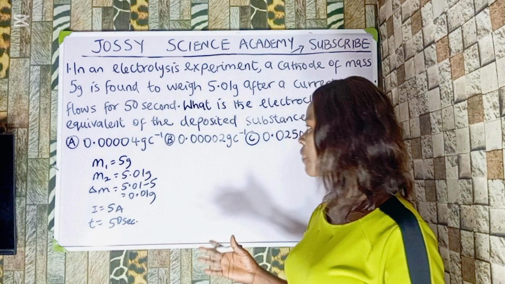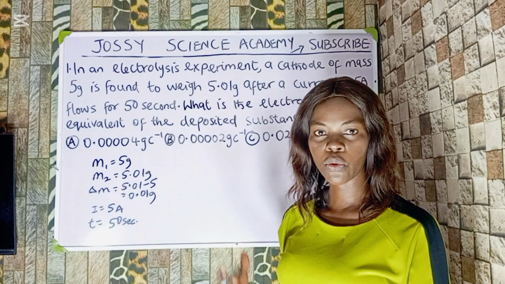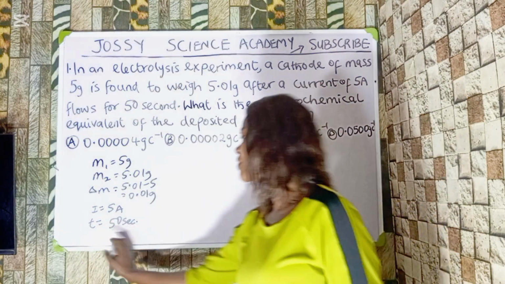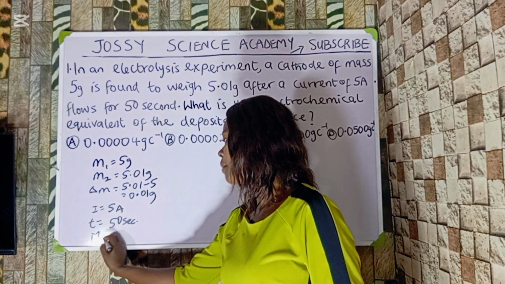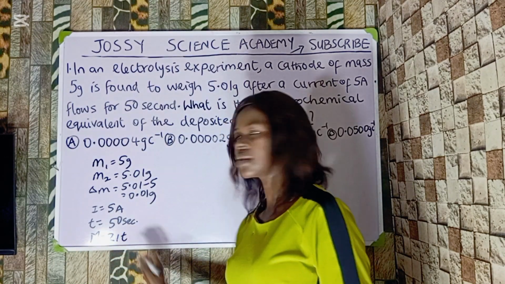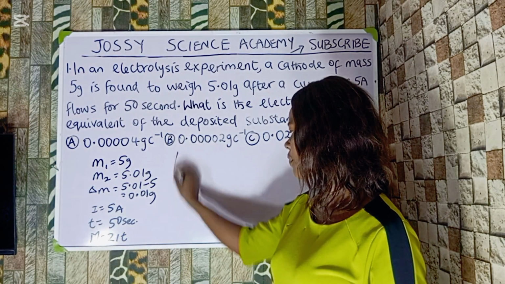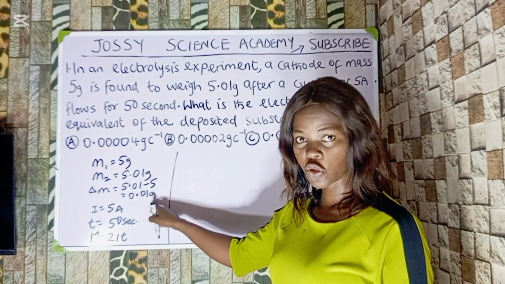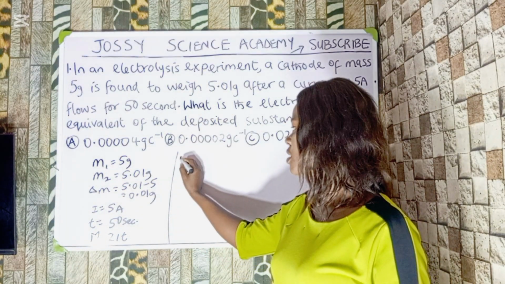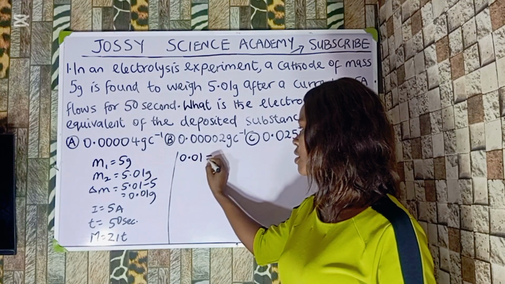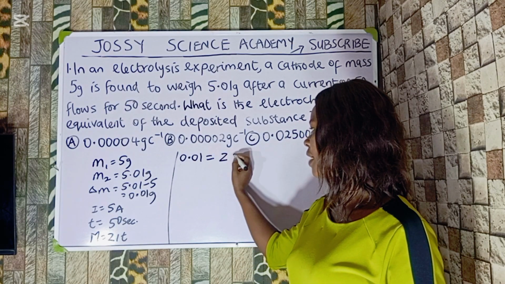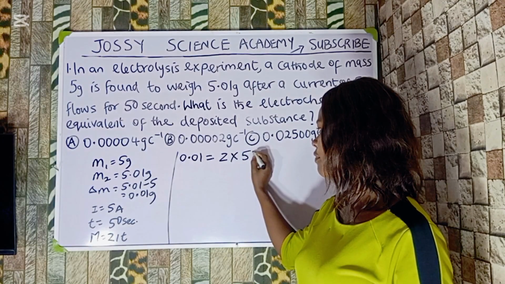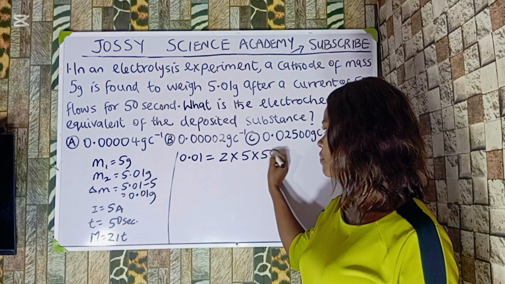To get the electrochemical equivalent, we use the formula M equals Z I T. My mass is 0.01, equal to Z, which I am looking for, multiplied by my current, 5, and my time, 50.